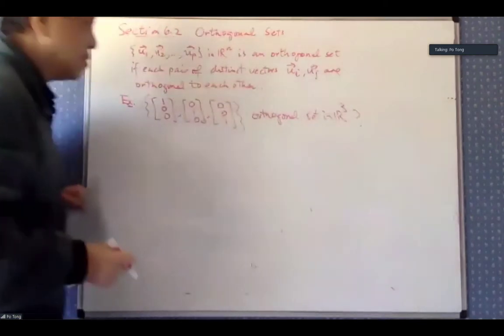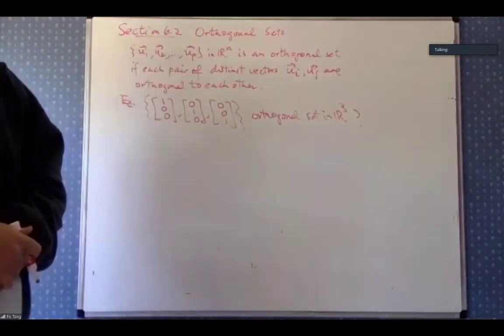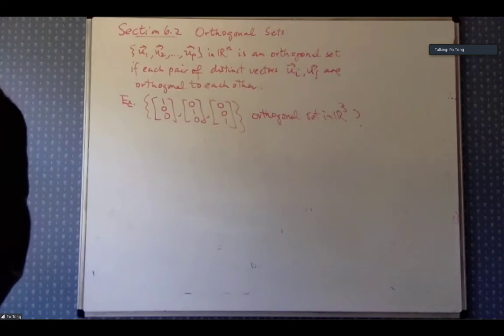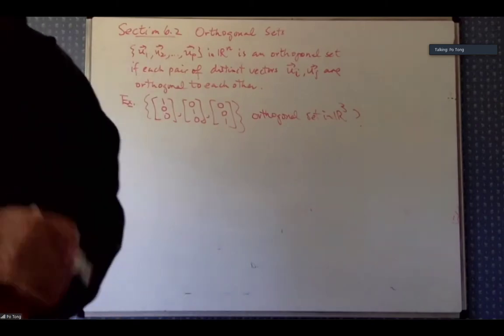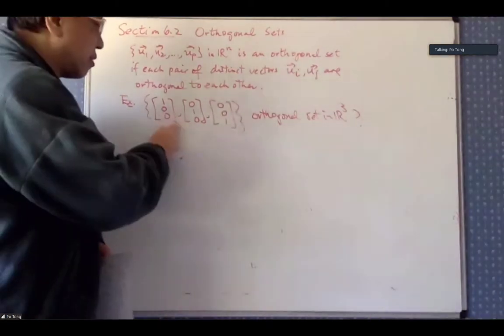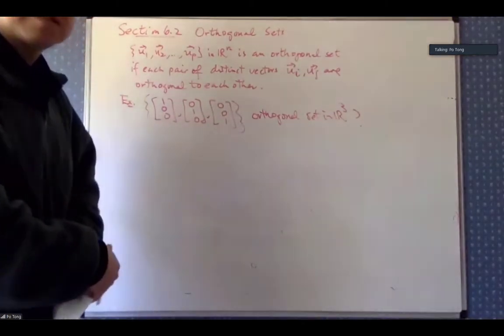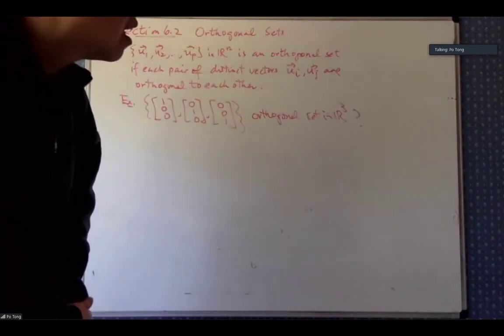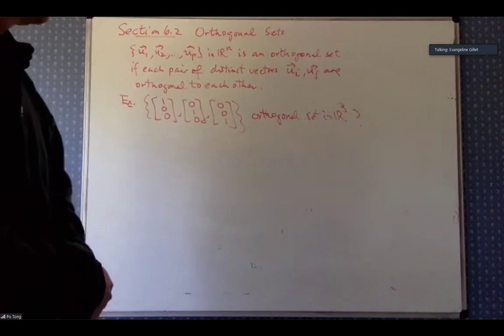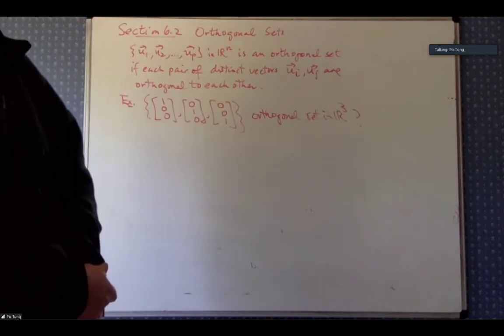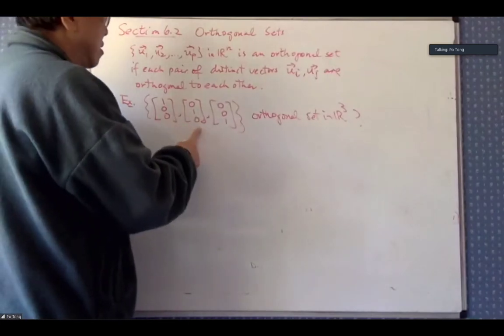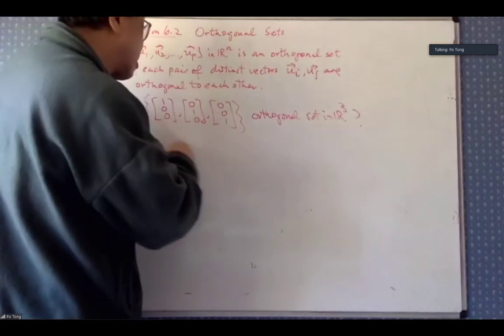Is it true or not? Are these all perpendicular to each other? That means you take the dot product of each of these with each other. Yes, they're orthogonal. It's an orthogonal set because the dot product of these two is 0, this two is 0, this two is 0.